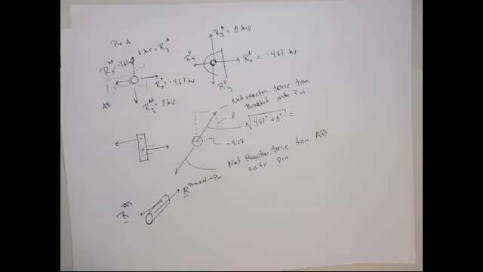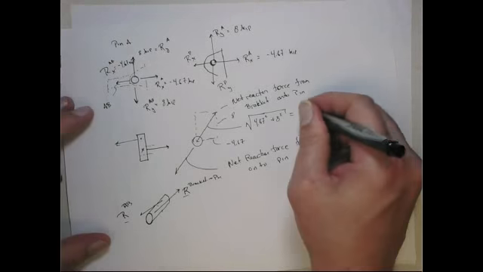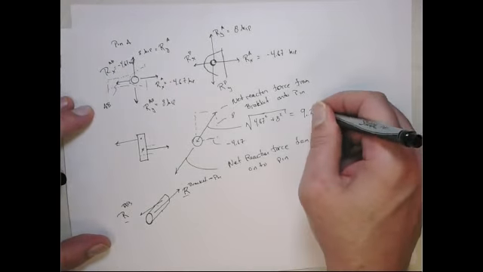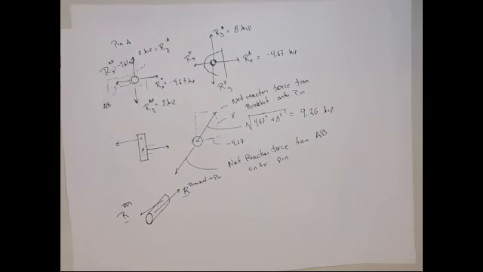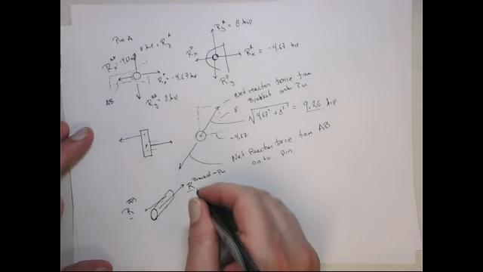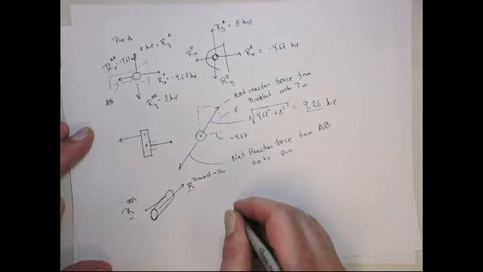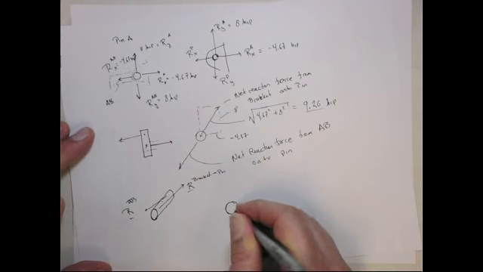So that total shear force acting on the pin is going to be 9.26 kip, and I guess I should have known that would be the actual same force at C. Okay? So if you look at the pin, this is the one that has the cross-sectional area of the pin.